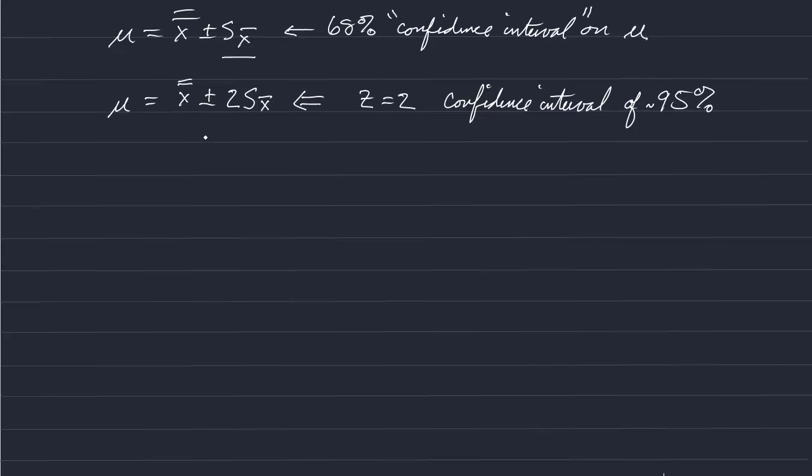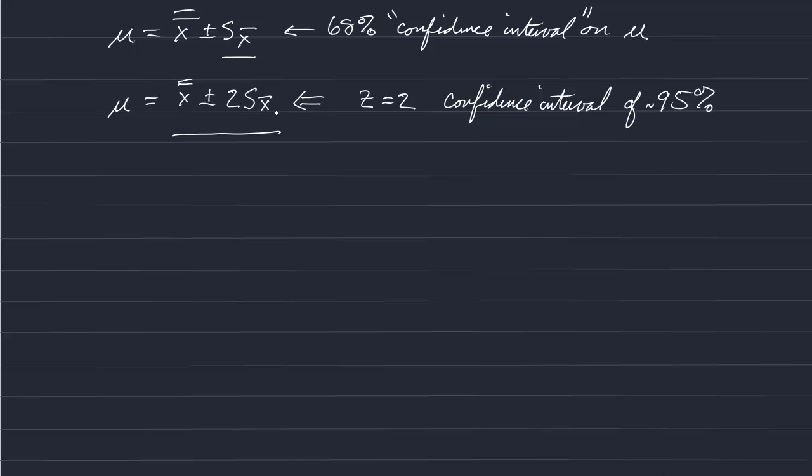So with this estimate, we're even more confident. We have a probability of 95% of encompassing the true mean, but perhaps the potential disadvantage of estimating mu using 2 standard deviations is we lose a little bit of precision. By increasing our uncertainty to be more confident that we're encompassing the values of mu, we're losing a little bit of precision about where mu precisely is.